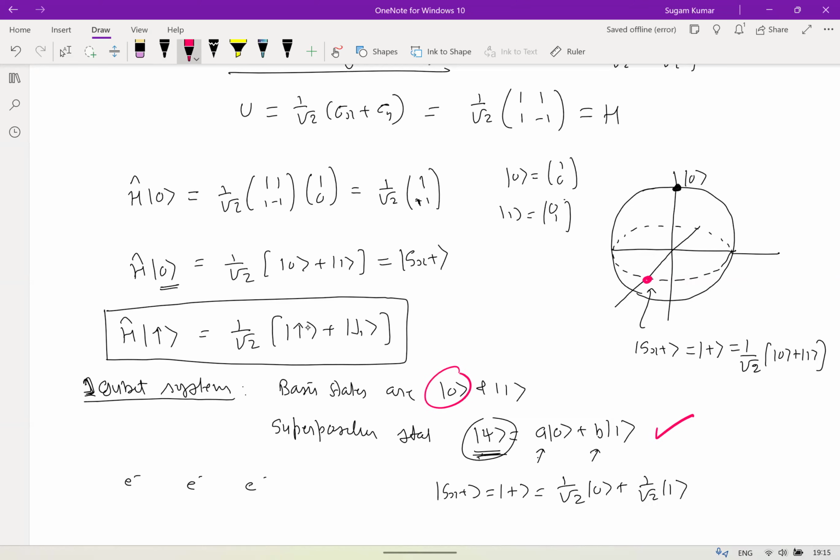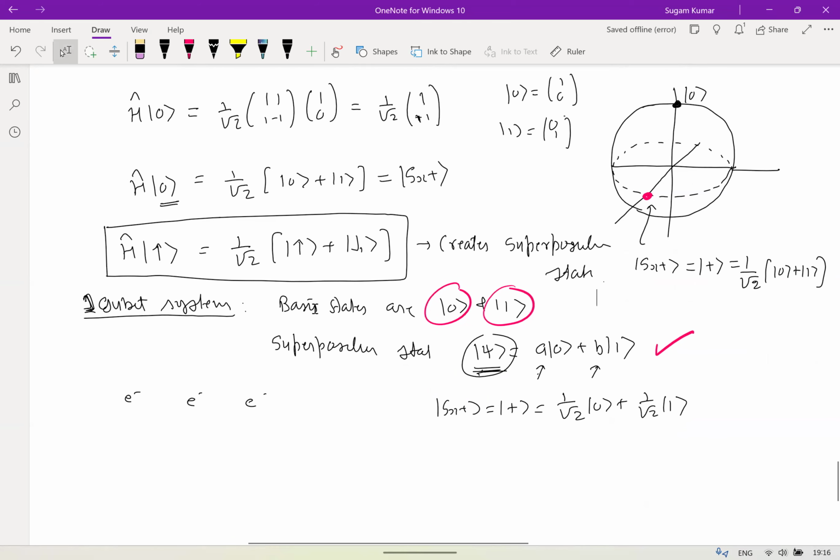These two states are not going to give any advantage over the classical computer. It means the Hadamard gate creates the superposition state, and that state contains two pieces of information. This is the reason I am saying the Hadamard gate is very important.